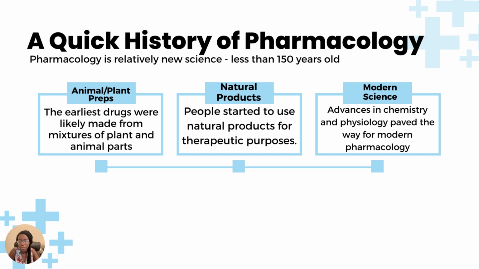Generally, scientists believe that these mixtures were likely ineffective, and that any effect that they did have was probably just the placebo effect. Eventually, though, through trial and error, people started to realize that they could use natural products as medicine. For example, the ancient Egyptians would prescribe opium and castor oil for various ailments.